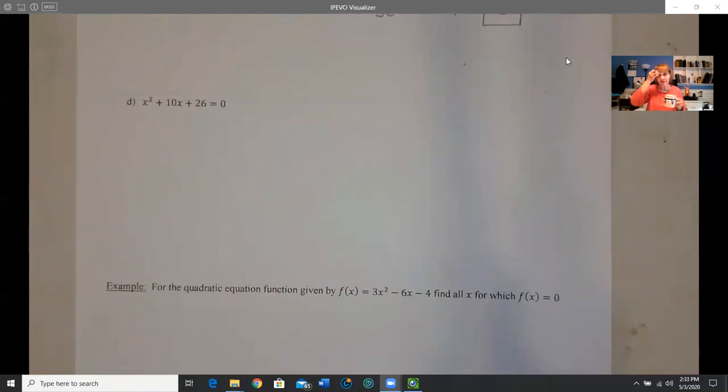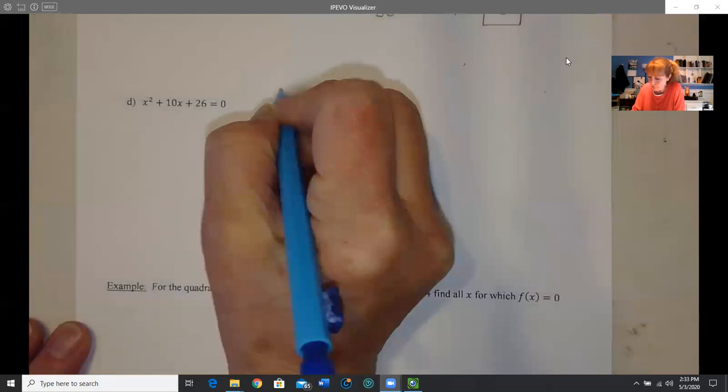Well, if you were to factor this, 26 is 13 and 2, which doesn't give you 12. So we're just going to go straight to the quadratic formula. And it's already set equal to 0. So we don't have to set it equal to 0, and we haven't been setting it equal to 0. So don't forget, you do need to set it equal to 0. Okay, I'll copy the formula.